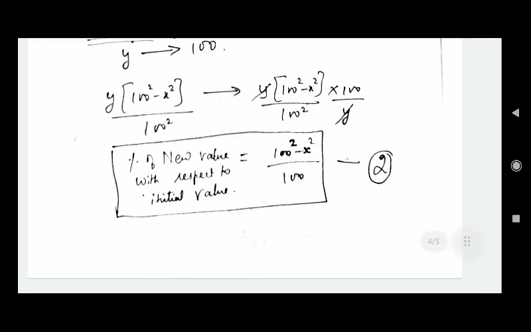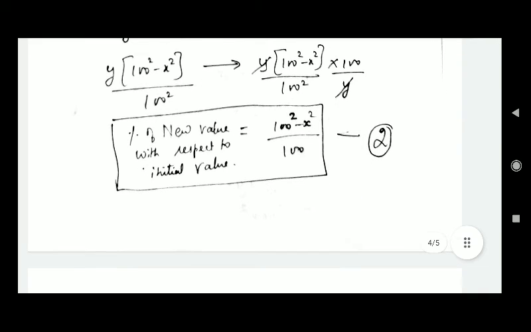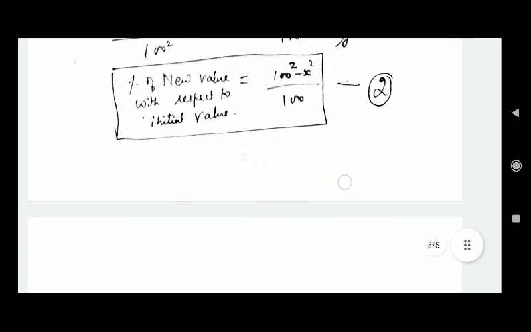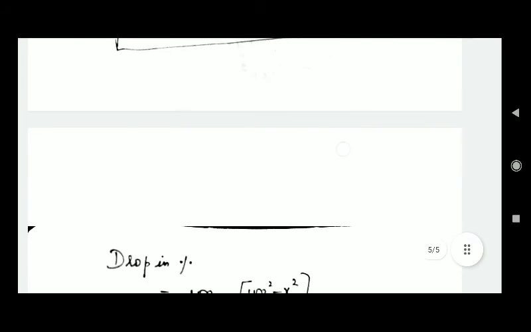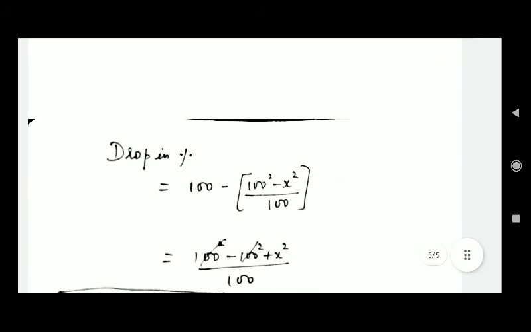Suppose we are not given a quantity, we are being asked that when some quantity is raised by 40 percentage and again from the resultant it is dropped by 40 percentage, what is the percentage of the new value with respect to the initial value? If the question is asked in such a fashion, we can straight away employ this equation and get the required answer.